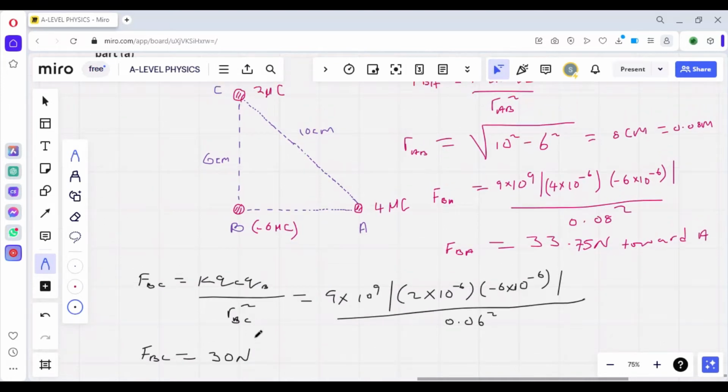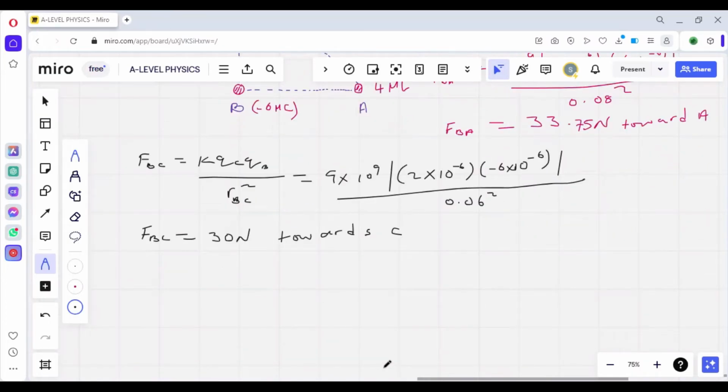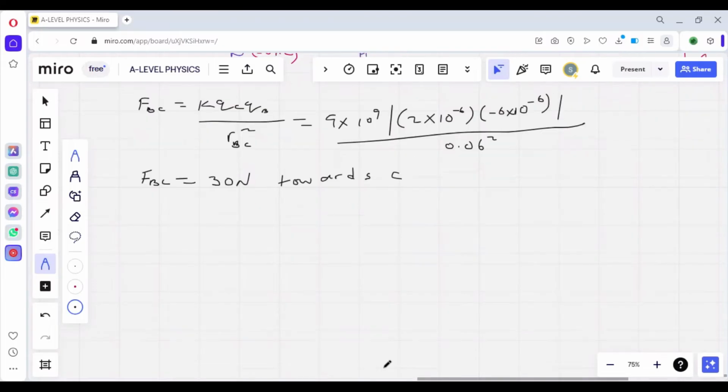Now again, since this charge here is negative, it will be attracted to a positive charge, which is at point C. So this force is towards C. Now let's see what we have.